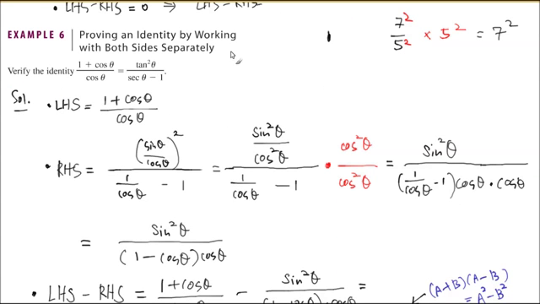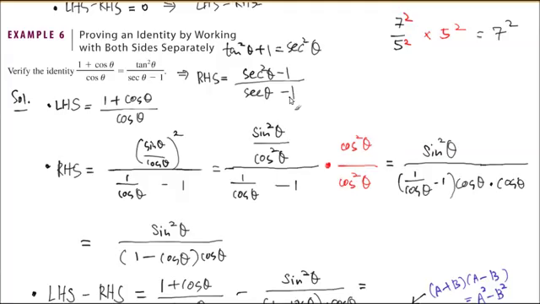It looks like this: tangent squared theta plus 1 equals secant squared theta, right? So some people look at it and say, hey, there's a tangent squared, I'm just going to replace it with secant squared minus 1. So the right-hand side is simply secant squared minus 1 divided by secant minus 1. Is that right? That's how it's rearranged.